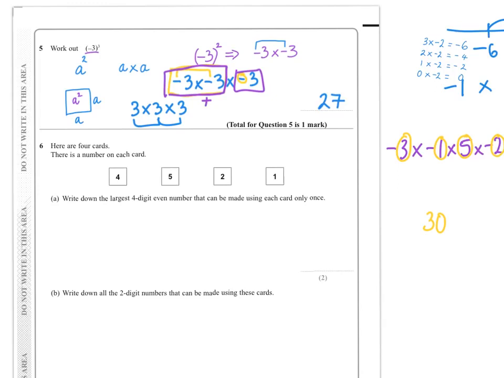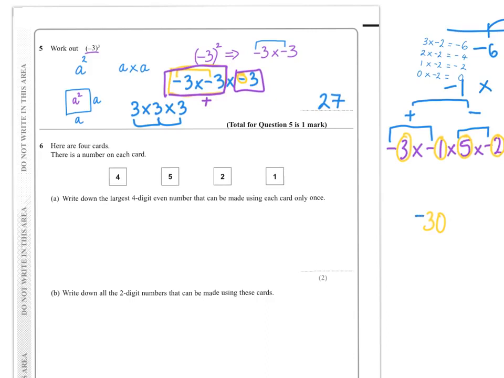So you'd have a negative times a negative, which is a positive, and here you've got a positive times a negative, which is a negative, and then the final outcome will be a positive multiplied by a negative. And so the final answer would be negative 30.